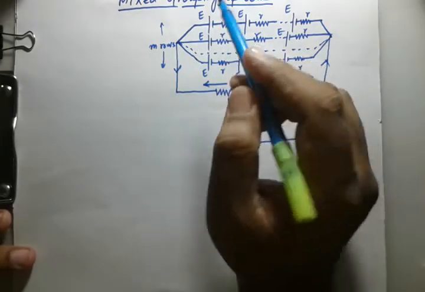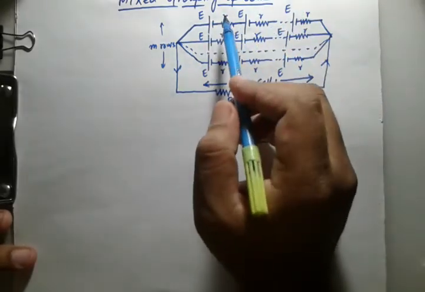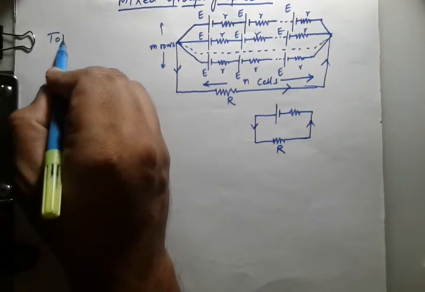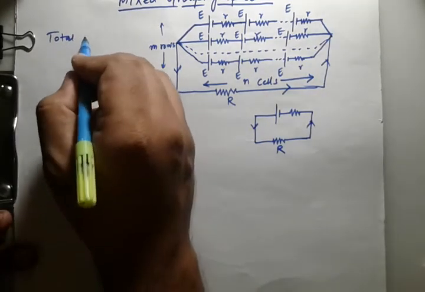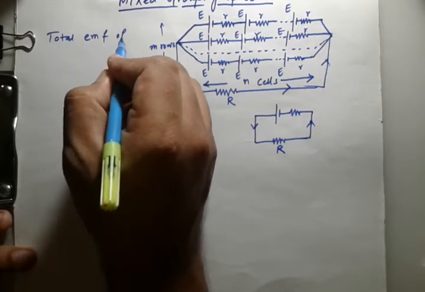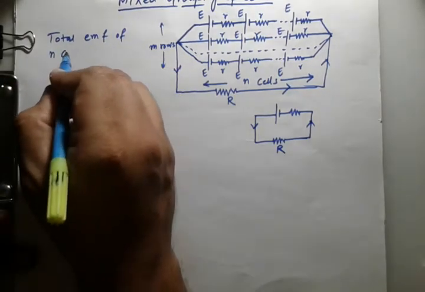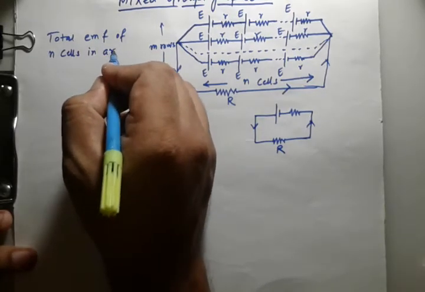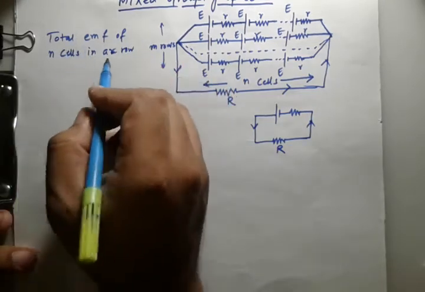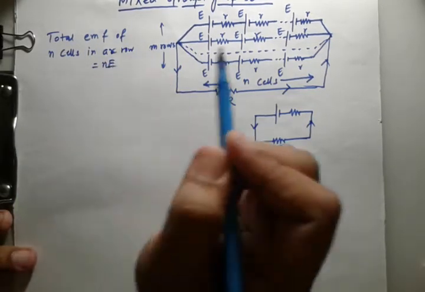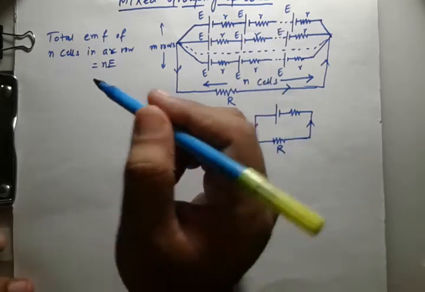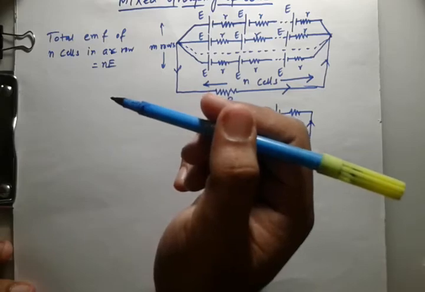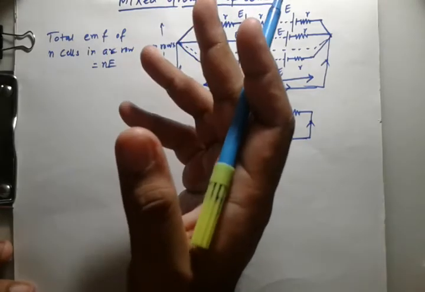So now the total EMF of n cells in a row will be equal to nE. Okay. So total internal resistance will be also, and m rows are there.